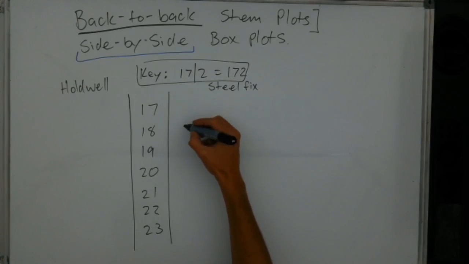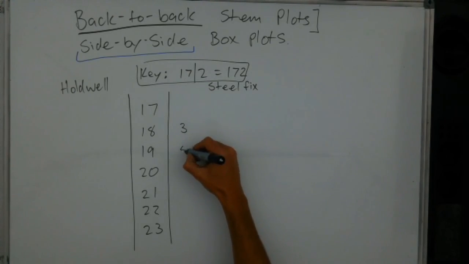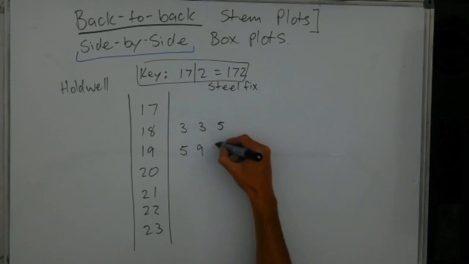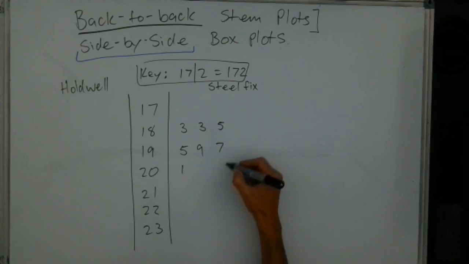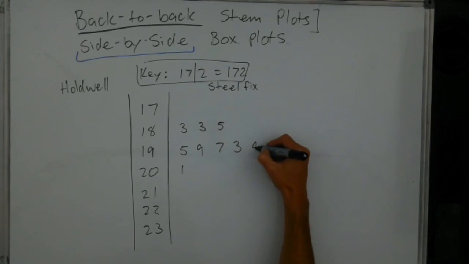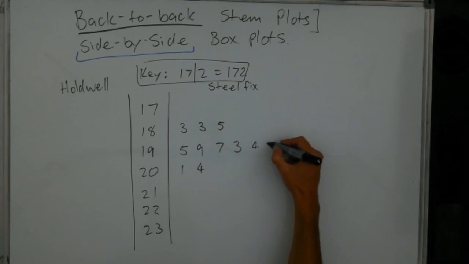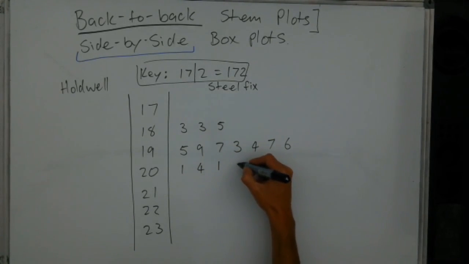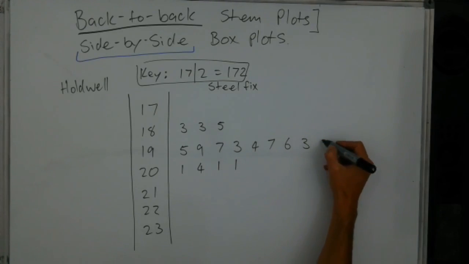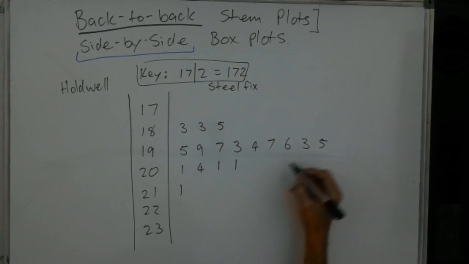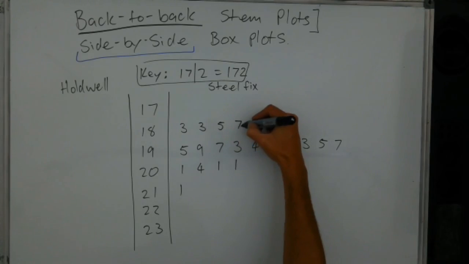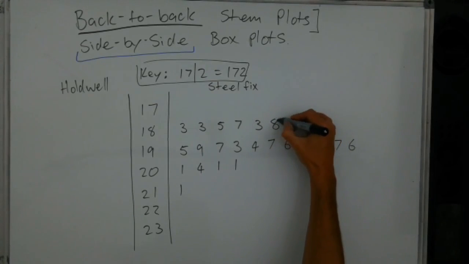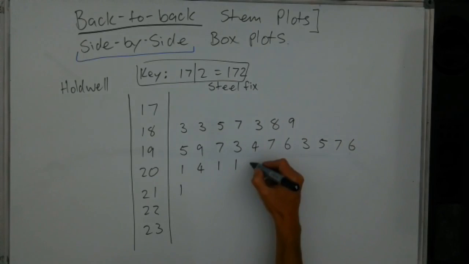So our first one, 183, 195, 183, 199, 197, 201, 193, 194, 204, 197, 196, 193, 195, 211, 197, 187, 196, 193, 188, 189, 204.